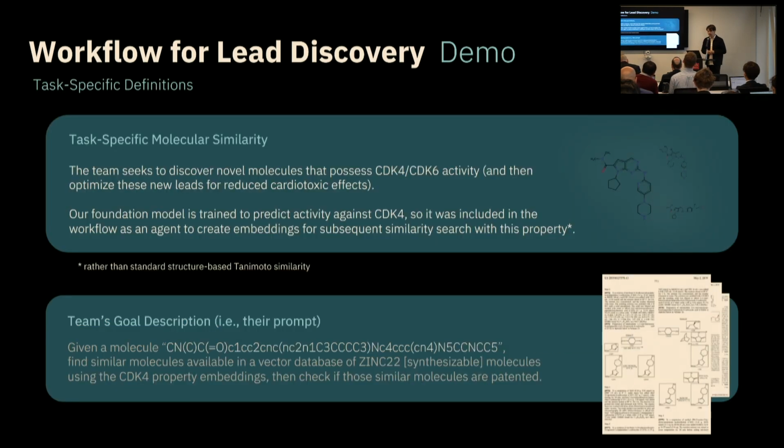So if you break that scientific question down, you can think of it as the team is actually trying to discover novel molecules. That means not patented before. And those molecules need to possess this CDK4, CDK6 activity. And then we should also optimize these molecules, leads, for reduced cardiotoxic effects.